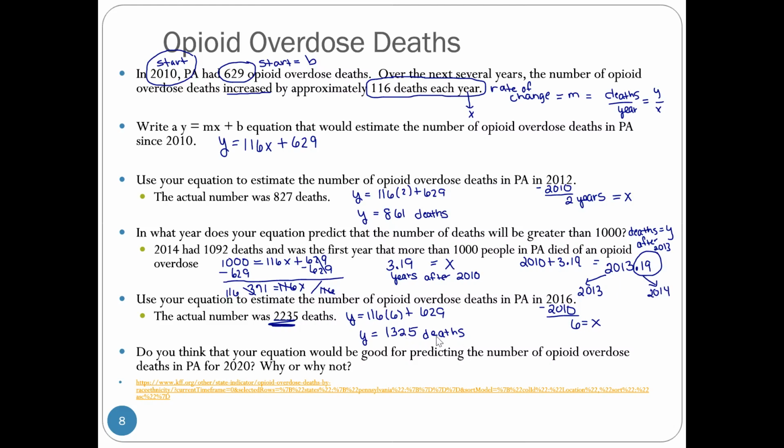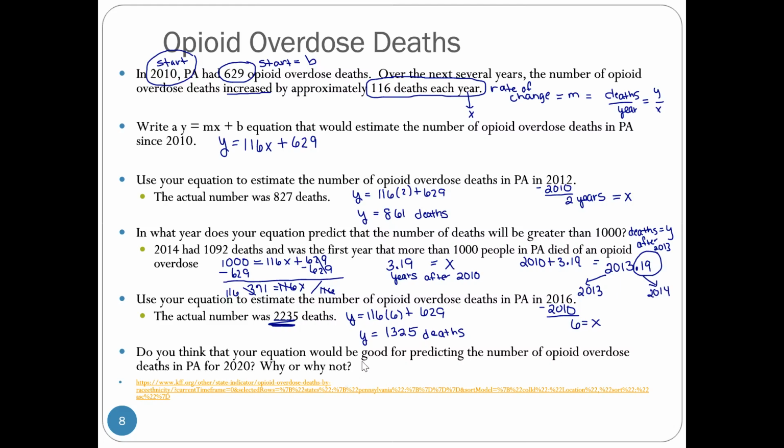So based on the fact that in 2016, our prediction does not match reality at all, we are asked, do you think your equation would be good at predicting the deaths in PA for 2020?